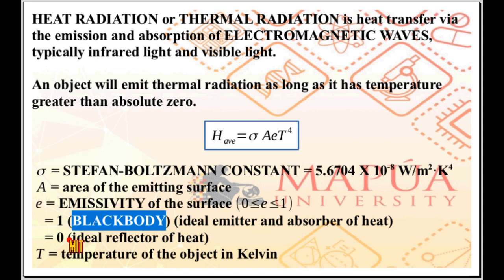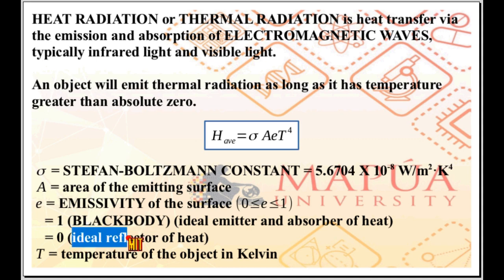And if E is equal to 0, we have an ideal reflector of heat. The radiation will simply bounce off the surface. And if E is equal to 0, the amount of thermal radiation emitted by the object will be equal to 0.